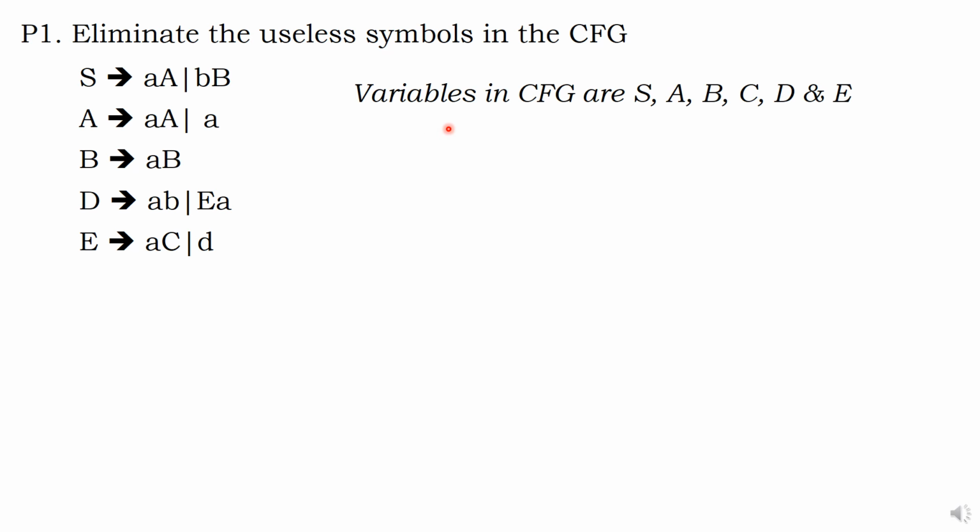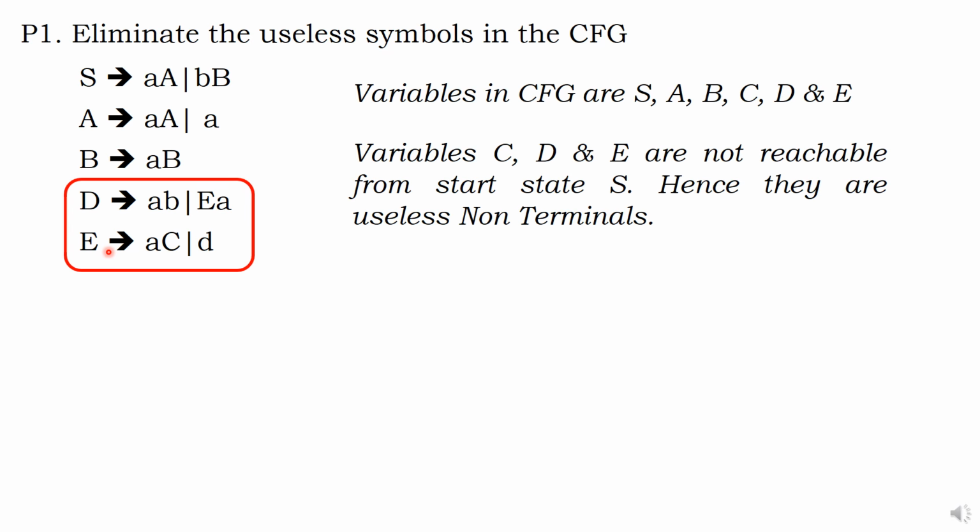The variables in this given grammar are S, A, B, C, D, and E. Now, the question here is, this group D is not reachable from S. C is not reachable from S. Therefore, E is also not reachable from S. You can argue with me, sir, E is on the right hand side, sir.